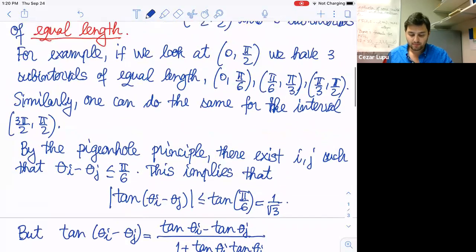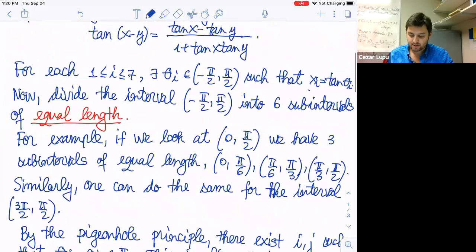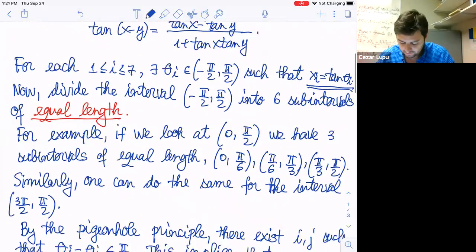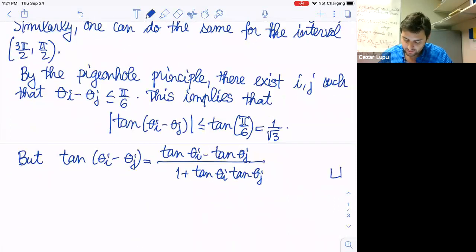And we said at the beginning that there exists a theta i such that x i is tangent of theta i. So we had our algebraic problem, and we transferred it into a trigonometric problem, and that's it. We're done. It was tricky, I admit. This could be like a Putnam B2, maybe B3, depends. A1, A2, A3, or B1, or B2, B3, something like this. Is this clear for everybody?